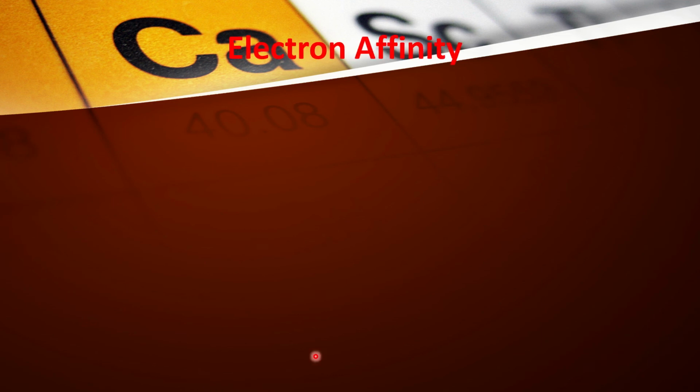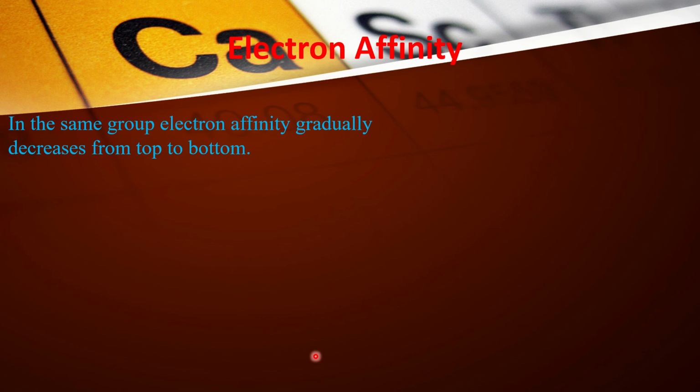Here we will learn one exception that is very important for you. We learned that in the same group, electron affinity gradually decreases from top to bottom. So, if we consider group 17, it should be that electron affinity of fluorine is the highest, then chlorine, then bromine, then iodine, because electron affinity gradually decreases from top to bottom.